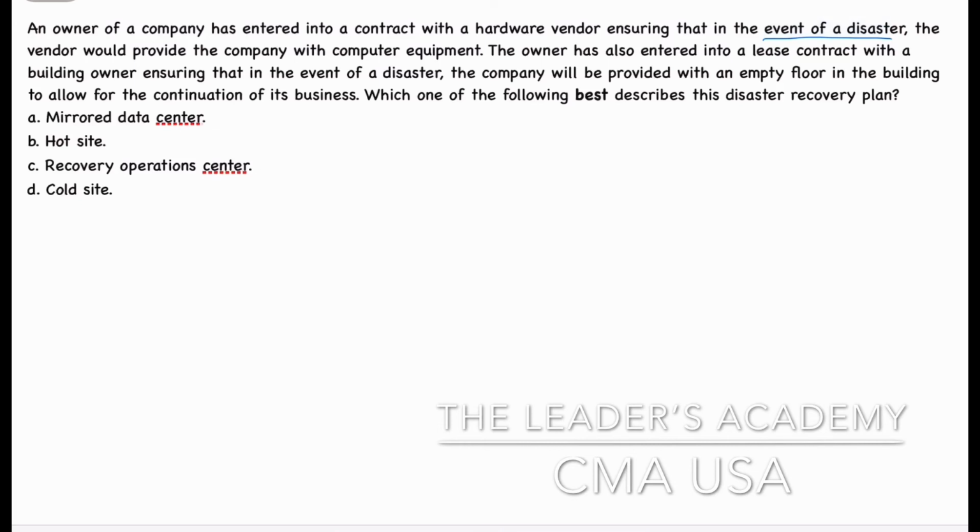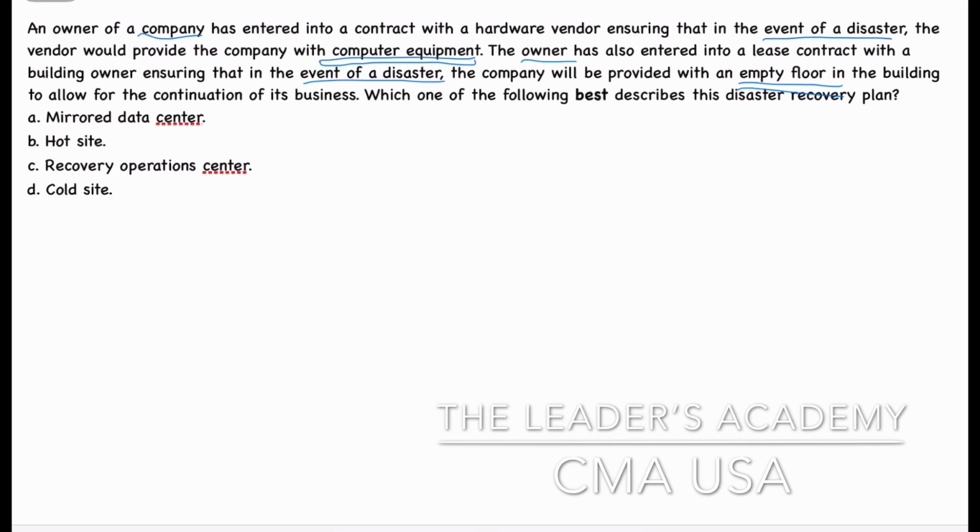The owner has also entered into a lease contract with a building owner, ensuring that in the event of a disaster, the company will be provided with an empty floor in the building to allow for the continuation of its business. Which one of the following best describes this disaster recovery plan? Option A, mirrored data center. Option B, hot site. Option C, recovery operations center. Option D, cold site.